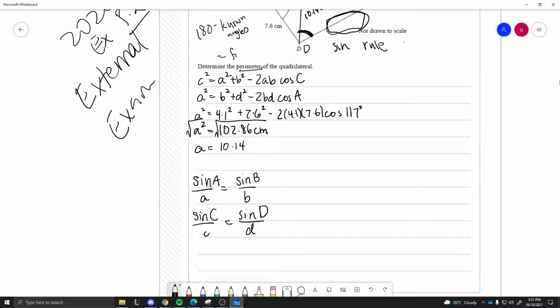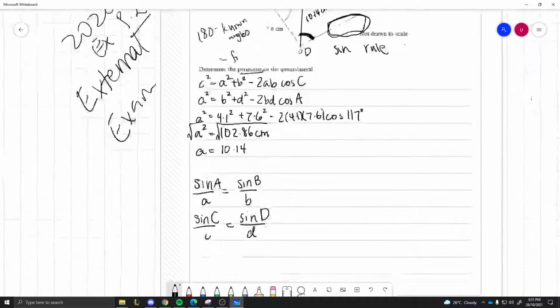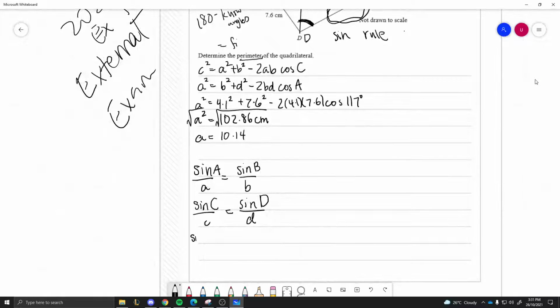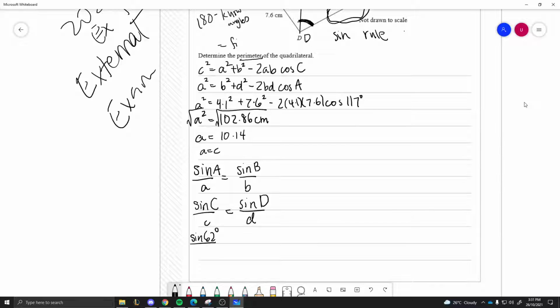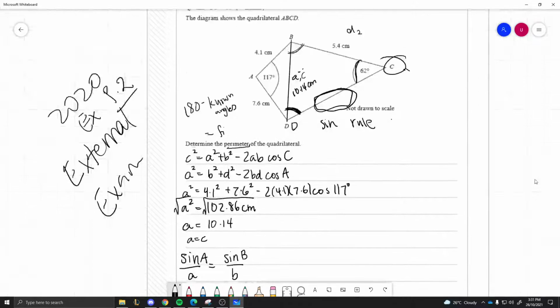Let's sub these values in. So sine 62 degrees over C, which we found earlier, because A is equal to C, which is 10.14, equals sine D, our unknown, divided by side D, which is 5.4 centimeters.